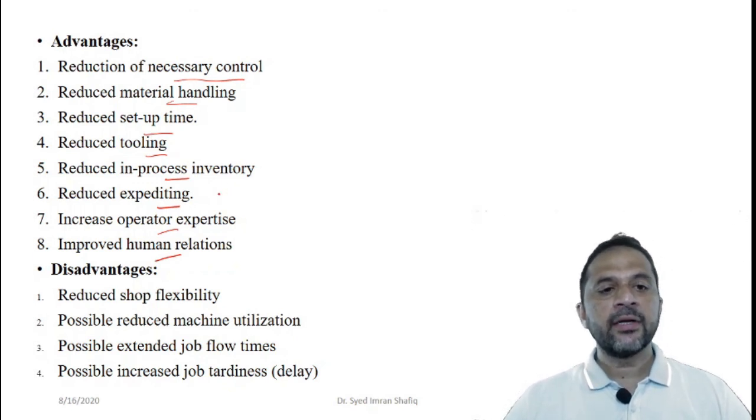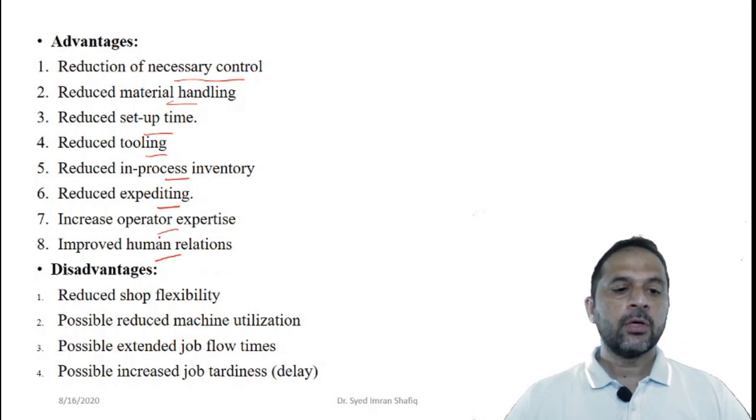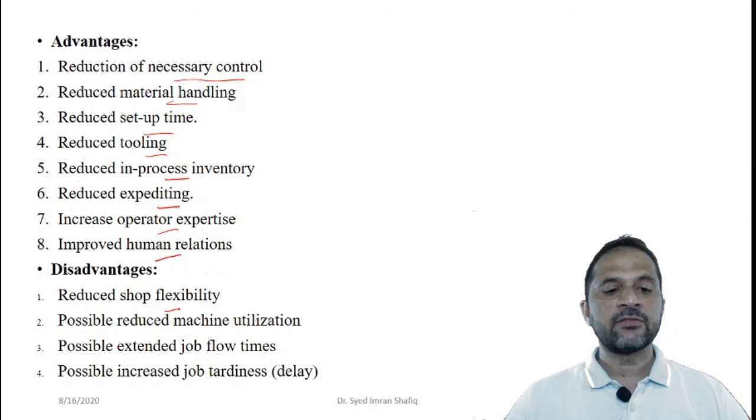Similarly, there are certain disadvantages of group layout also. Reduced shop flexibility, as we have seen that there is a fixed layout in a particular cell. You can't change that layout. So that cell is quite rigid and not flexible. And reduced machine utilization.